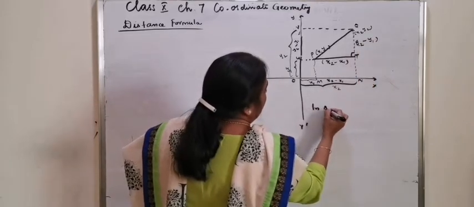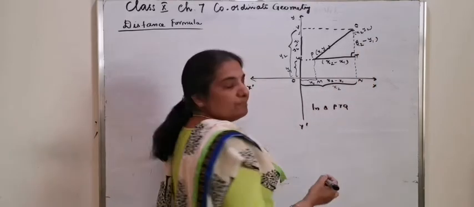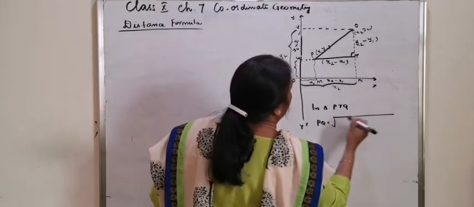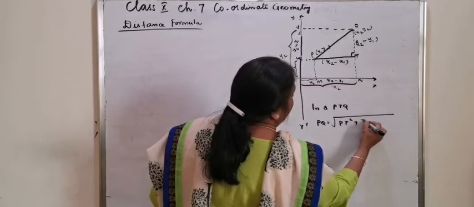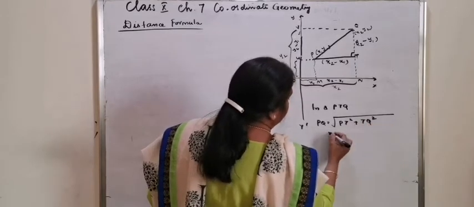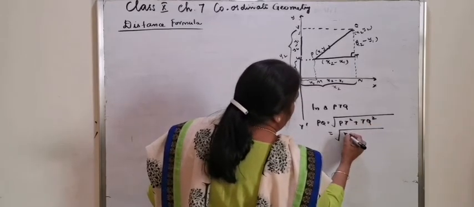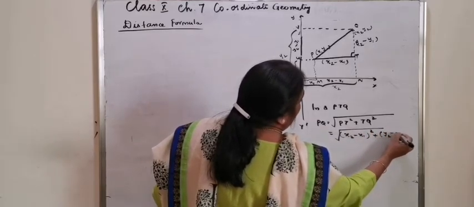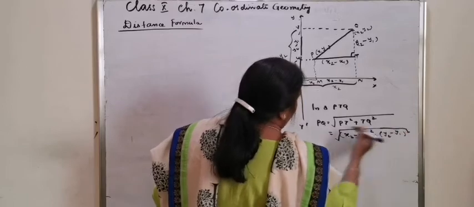Therefore, in triangle PTQ, by Pythagoras theorem, PQ is equal to the square root of PT square plus QT square, which is the same as (x2 minus x1) the whole square plus (y2 minus y1) the whole square.